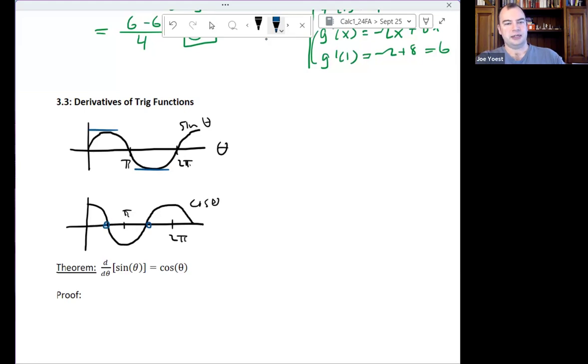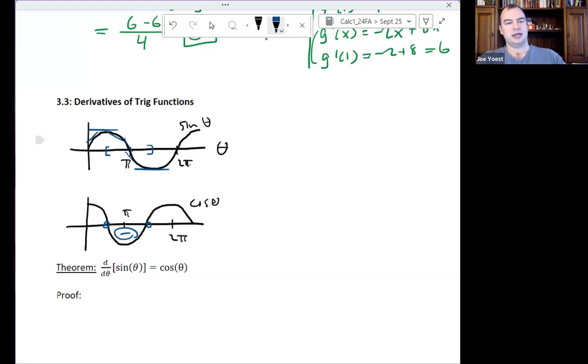I noticed that sine theta is going to have negative slopes for its tangent lines between those two horizontal tangents, and I actually see that cosine has a negative value between those two zeros.